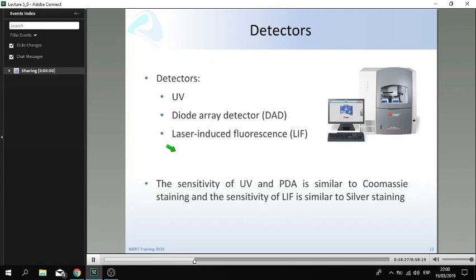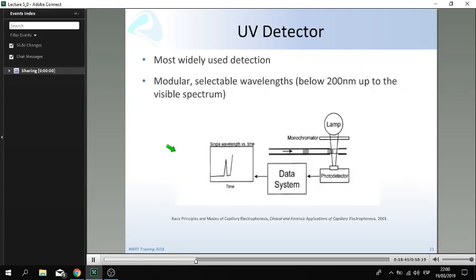If you want to compare them to slab gel electrophoresis that we were talking about, your UV and your DAD or PDA would be something similar to Coomassie staining, and the sensitivity of laser-induced fluorescence would be more similar to silver staining, so it's a bit more sensitive.